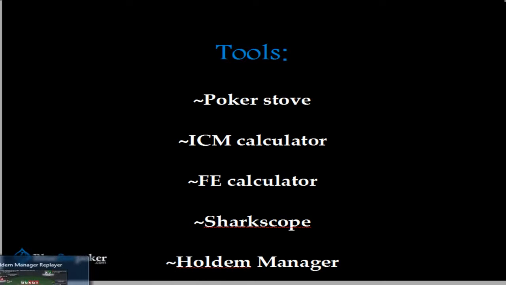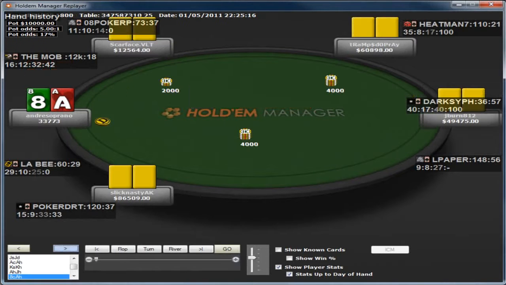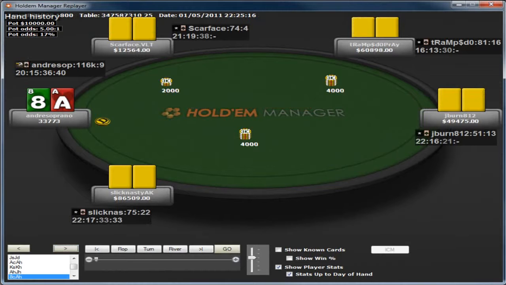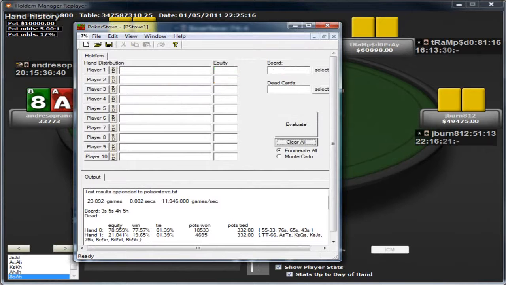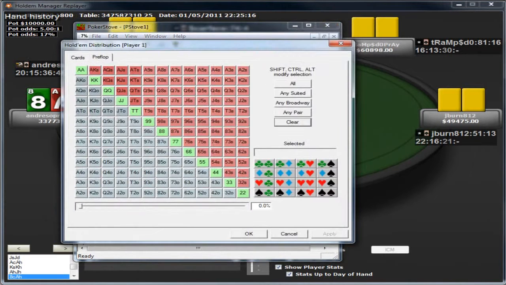Poker Stove, most of you are familiar with it. I have here the software. It helps us to calculate people's ranges.